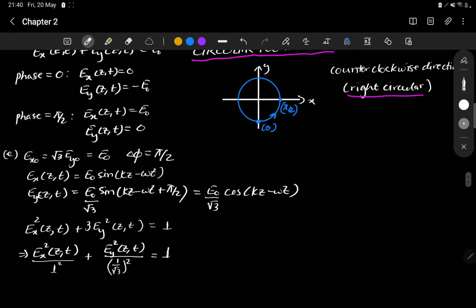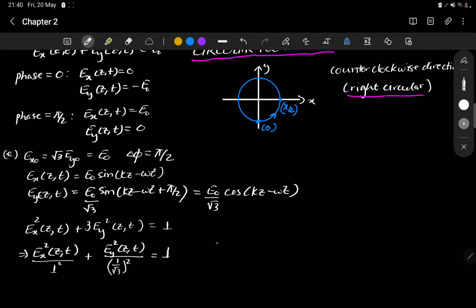So the major axis in this is the x-axis, because the x term has a greater denominator. The Ex squared term has the denominator as 1 squared. The Ey squared term has the denominator as 1 over root 3 squared. So clearly 1 squared is greater than 1 over root 3 squared. So our major axis over here is x.